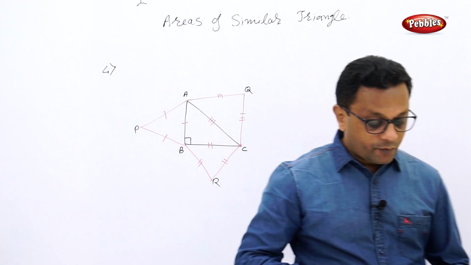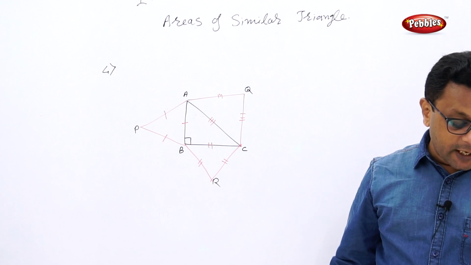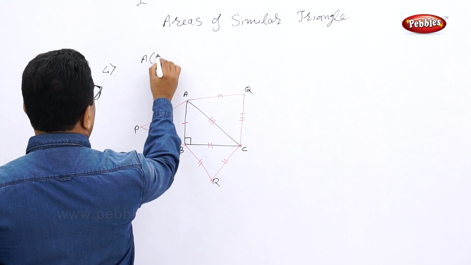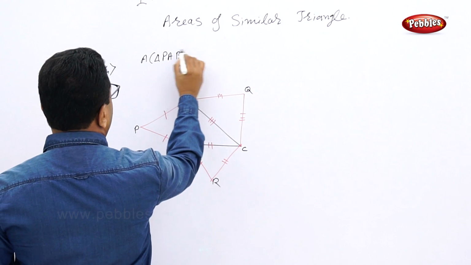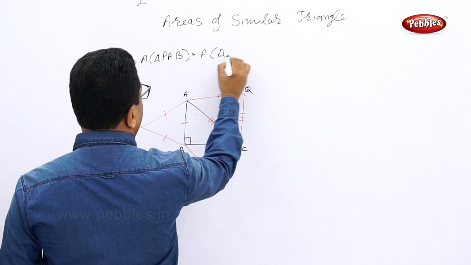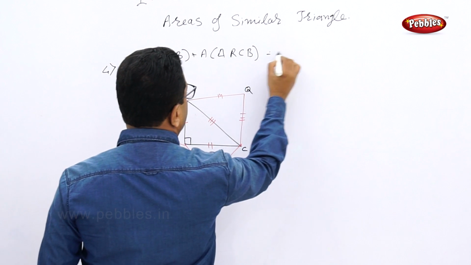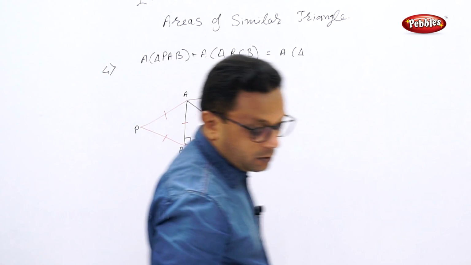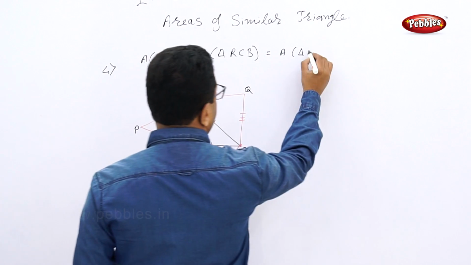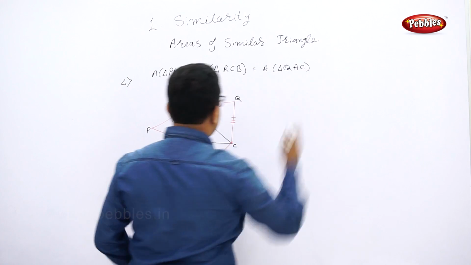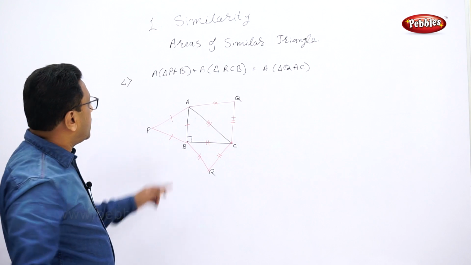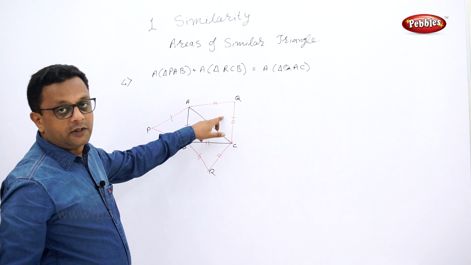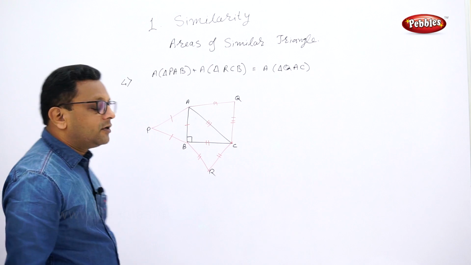And what they want to prove is that the area of triangle PAB plus the area of triangle RCB is equal to the area of triangle QAC. That means we have to prove that the area of this triangle plus the area of this triangle is equal to the area of this triangle. This is very easy.